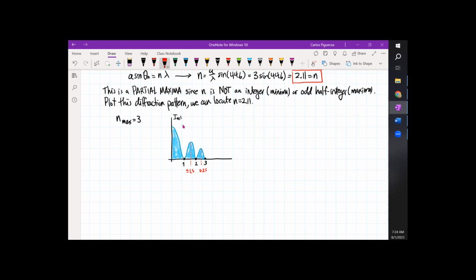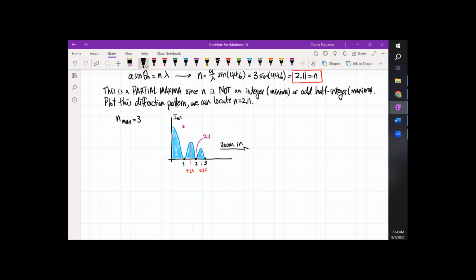So that's my diffraction pattern. So when I look at this thing, what I'm seeing here is that this little point is 2.11.